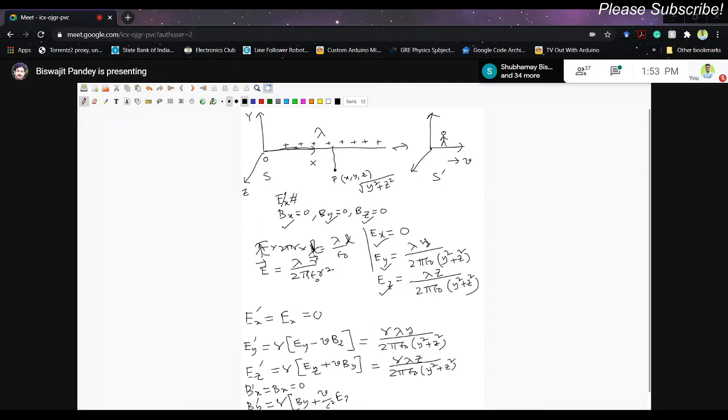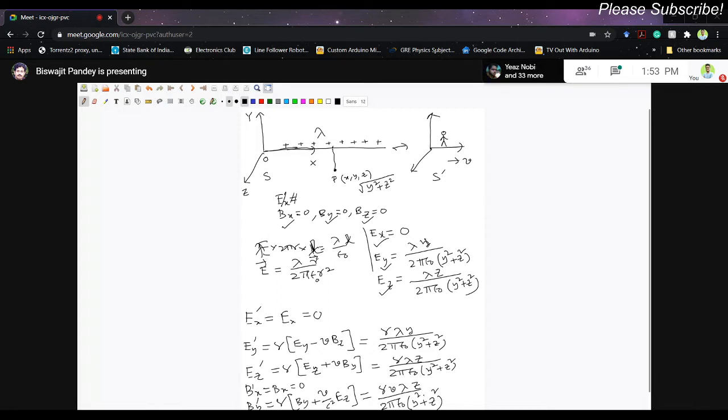In this case, the first term will be 0, By is 0. So this will be gamma, Ez is lambda z, so gamma v lambda z divided by 2 pi epsilon 0 (y square plus z square). This will be the y component of magnetic field in the prime frame.